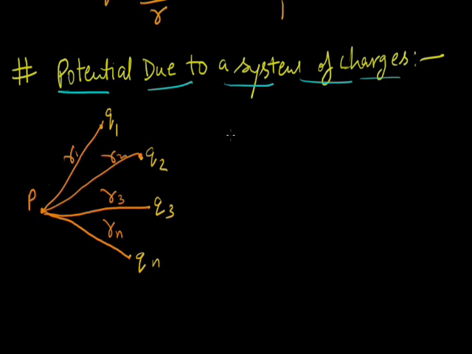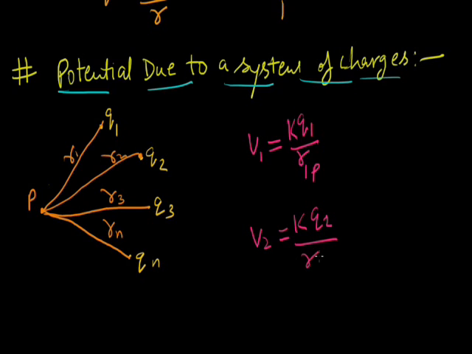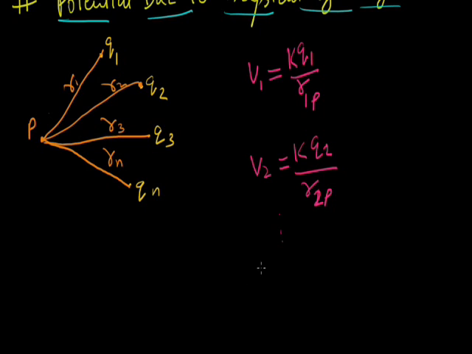So the potential at point P due to charge Q1 is V1 equal to KQ1 upon r1P, V2 equal to KQ2 upon r2P, and Vn equal to KQn upon rnP.